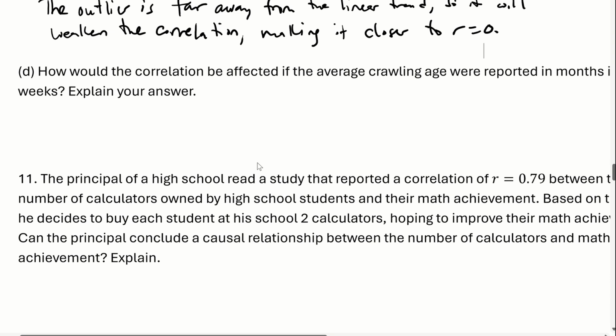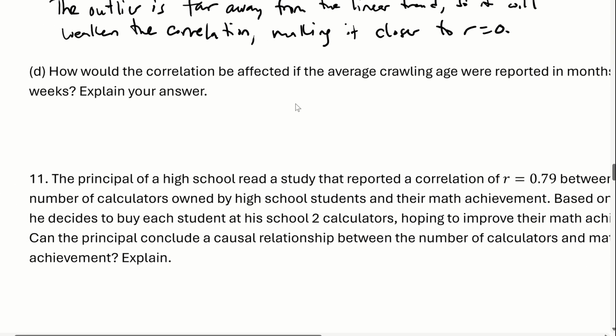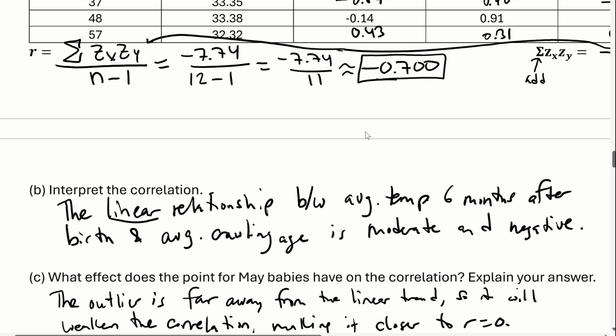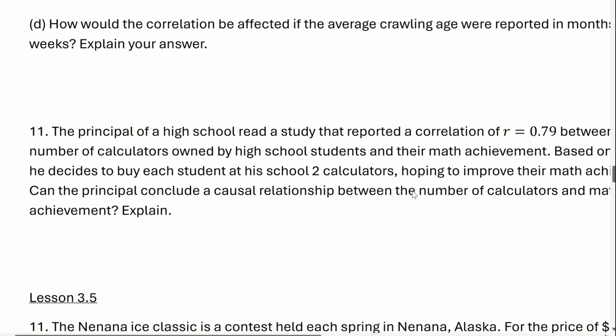How would the correlation be affected if the average crawling age were reported in months instead of weeks? Now, this is important. There are no units for correlation, so it doesn't matter the units you use. If it's months, weeks, years, whatever, changing the units is not going to change the correlation. That's the good thing about it.